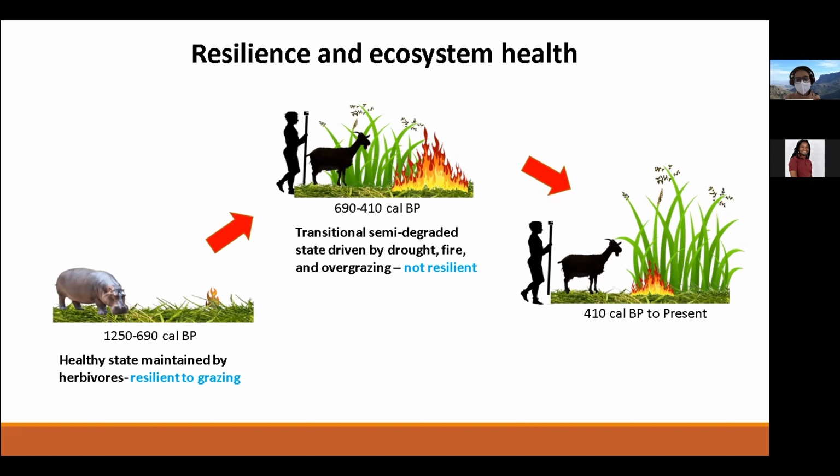There's fire driving that system, but we suspect that humans are lighting these fires to promote grazing, so it's quite unstable, because people are driving the coupling between fire and herbivory. So in this sense, I think that it's not really stable, this state. I don't know whether it answers your question.